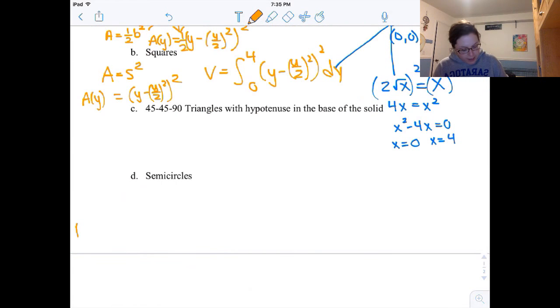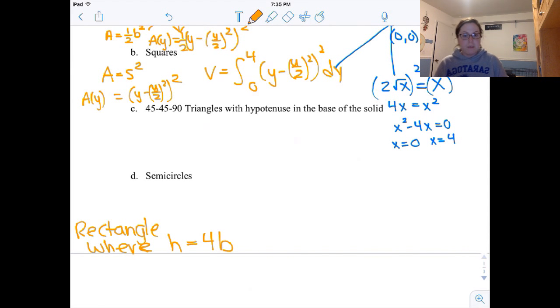We're going to build rectangles where the height is 4 times bigger than the base. So whatever my base is, my height will be 4 times that, okay? So my area of that would be base times height, which would be 4 base times base, right? 4 base squared.